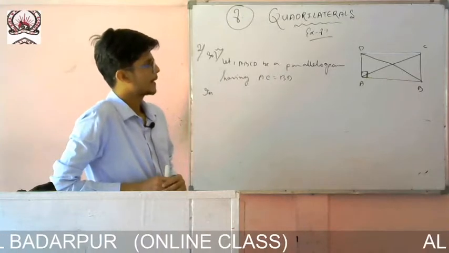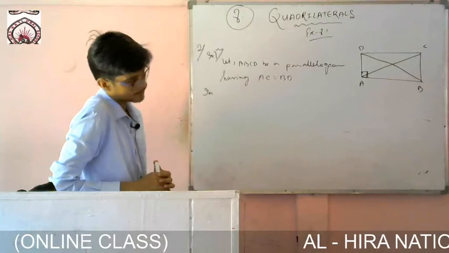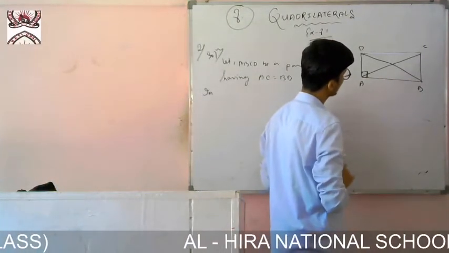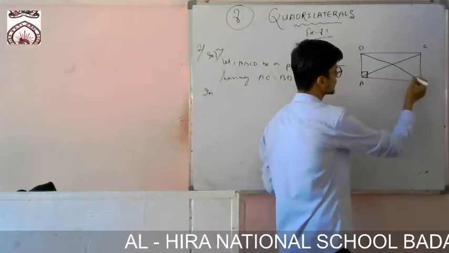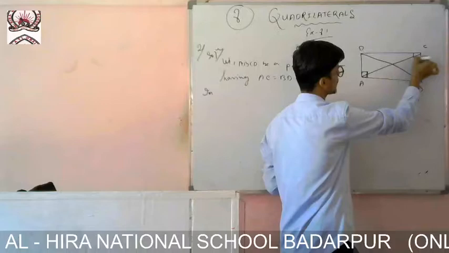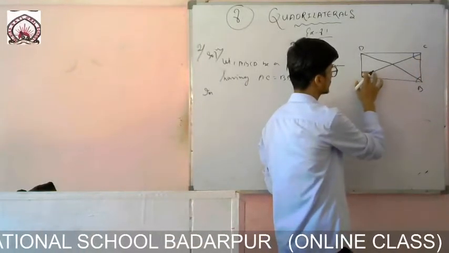Okay, so if somehow I can relate these angles, if I can show that these two angles are equal, any two angles I am talking about, let me take these two.